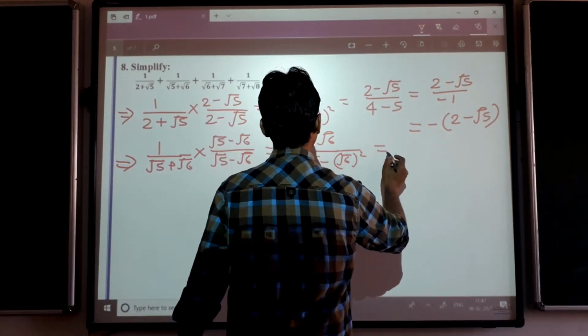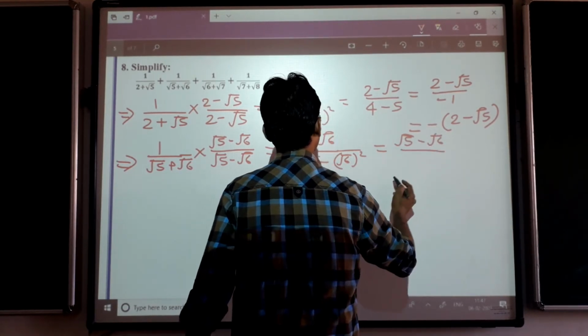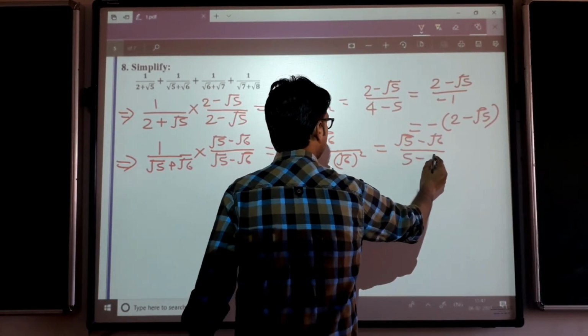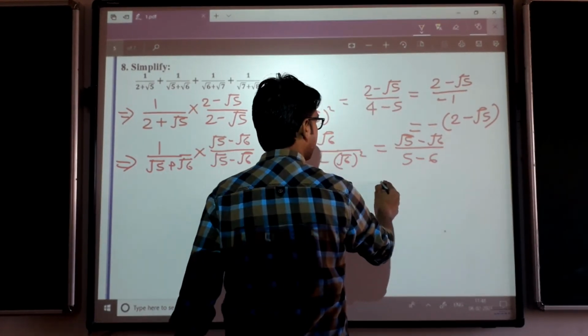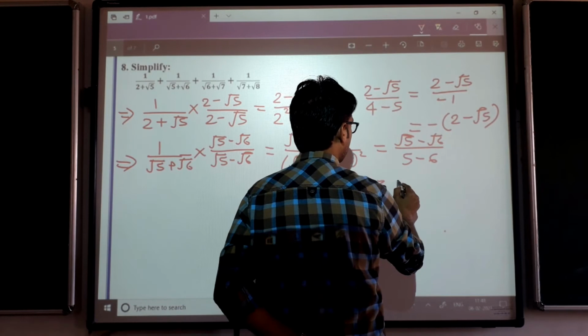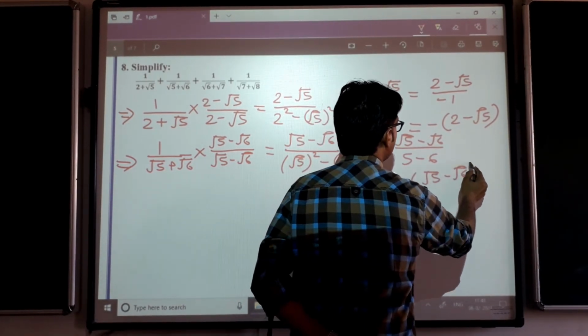Then we get root 5 minus root 6 upon 5 minus 6. In the same way, directly we can write minus (root 5 minus root 6).